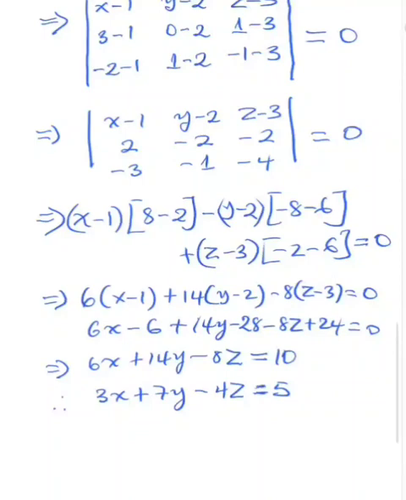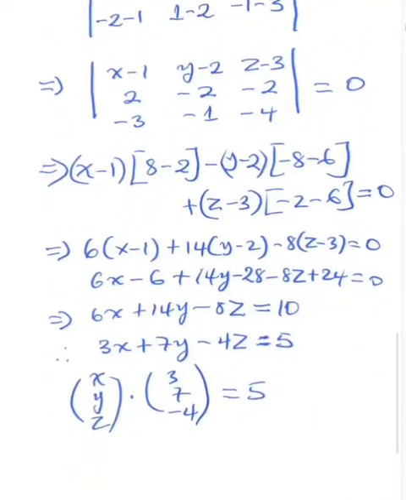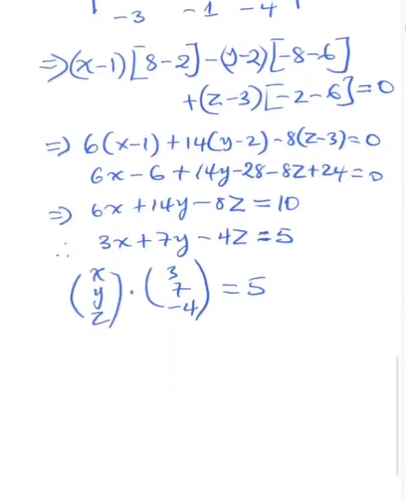as the Cartesian equation of the plane, but we were asked to find the vector form of the equation. So the vector form would simply be (x, y, z) dot (3, 7, -4) equals 5, and (x, y, z) is the position vector of a general point, usually denoted r, on the plane.